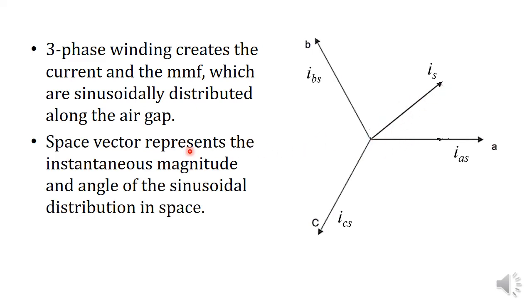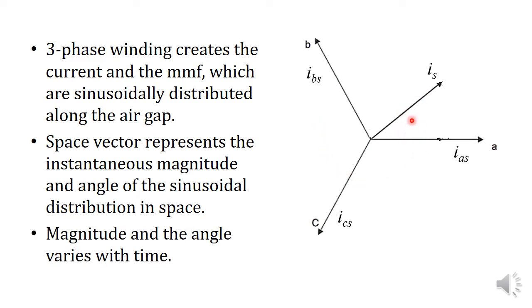This space vector represents the instantaneous magnitude and angle of the sinusoidal distribution of the current vector in space. So IS represents the stator current, and IS is a space vector also. Its magnitude as well as angle varies with time. It keeps on rotating.